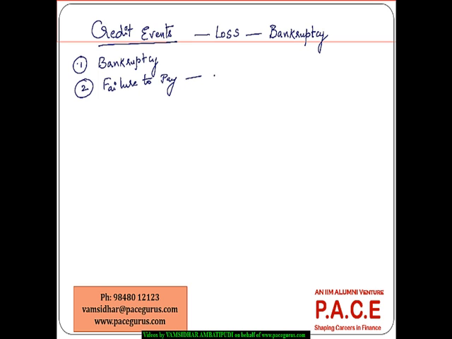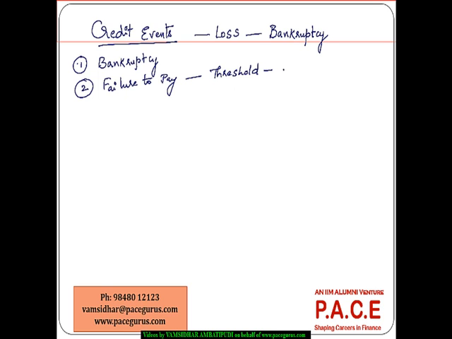So here I may even keep some kind of minimum threshold. For the last few periods it did not pay, or this much amount is pending from payment. So the threshold amount should be exceeded to typically call it a credit event.